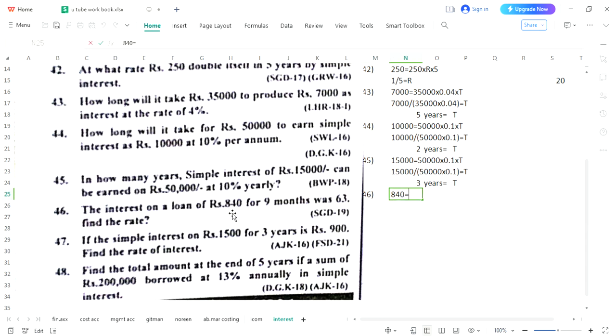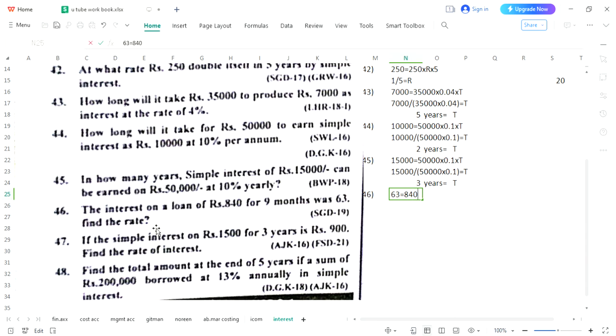So here you will write 840 as loan. For 9 months was 63. So amount of interest is 63. 63 is amount of interest. 840 is principal amount. And now you can see that find the rate.